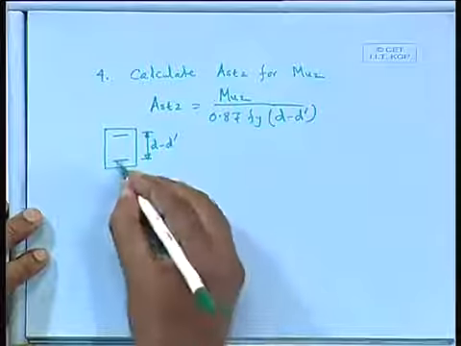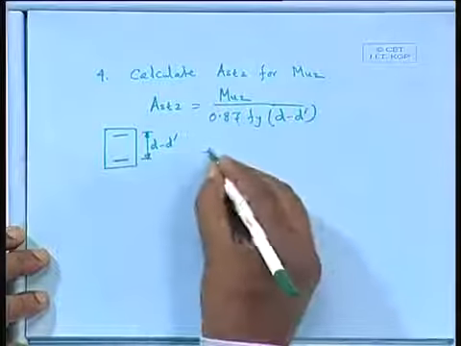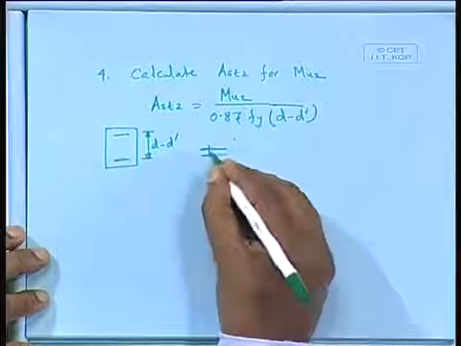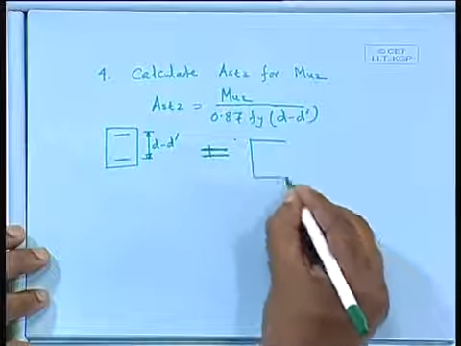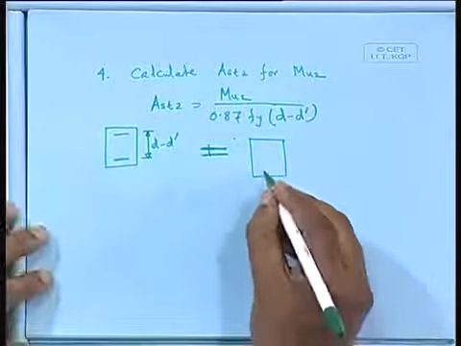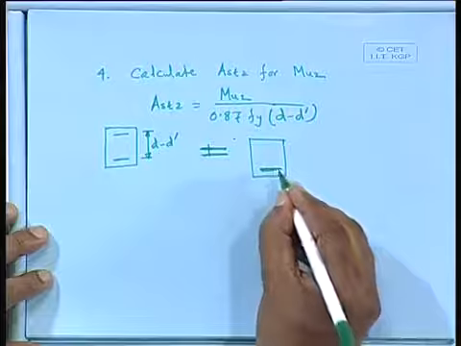Ast2 means a total area of steel that you are providing. Out of that you have one portion due to your balanced section. I can consider a section of the same width and depth, but having only tensile reinforcement.